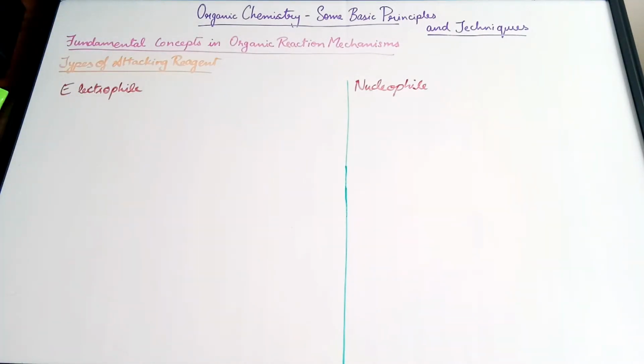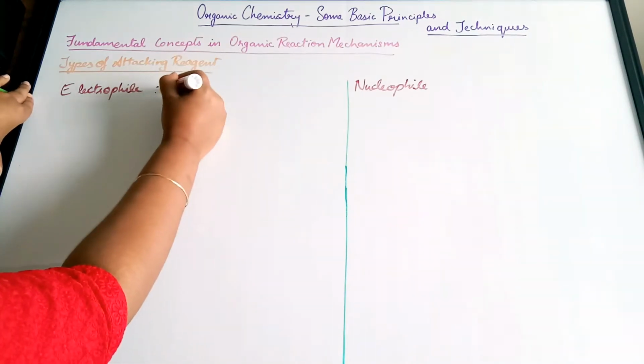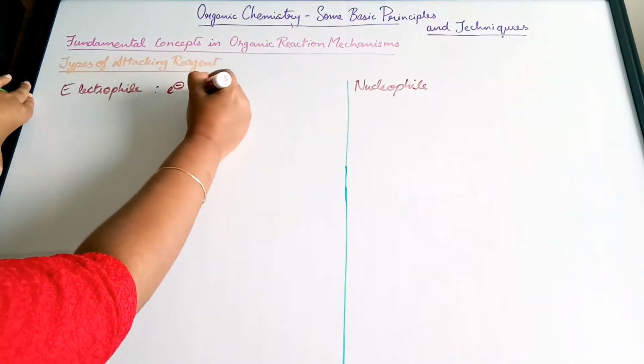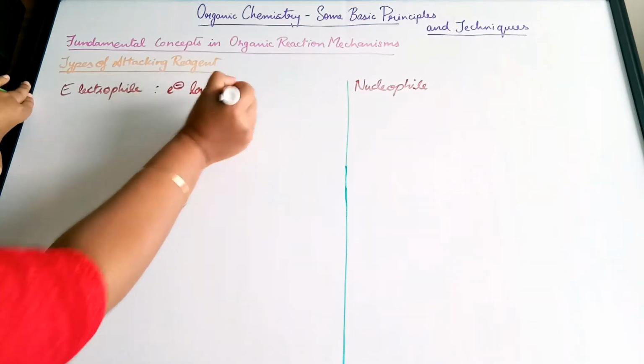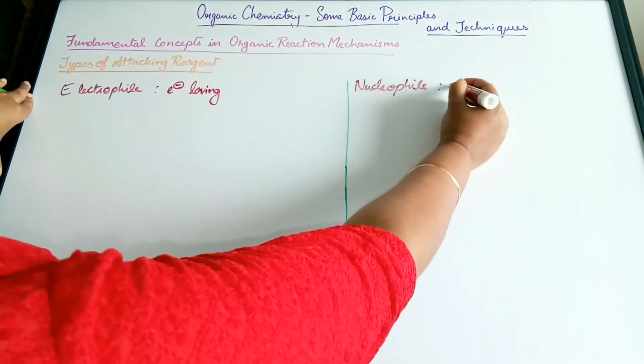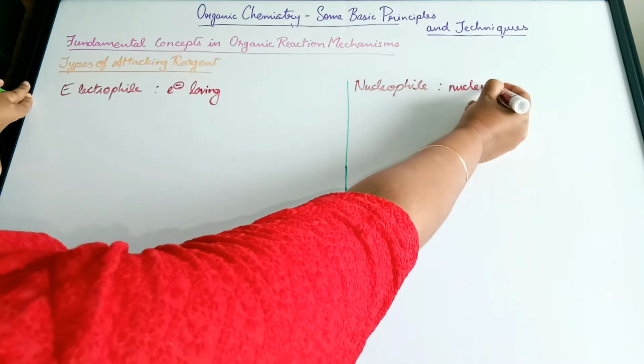As embarrassing as that sounds, one of my teachers actually gave me an idea as to how to remember it, and then I later found out that it was in the textbook. Anyways, an electrophile is electron loving, whereas a nucleophile is obviously going to be nucleus loving.